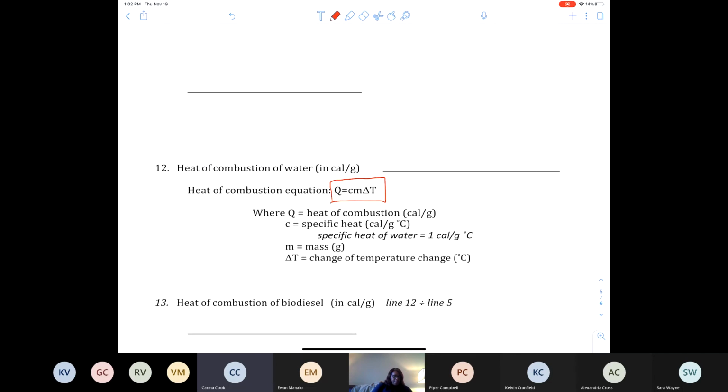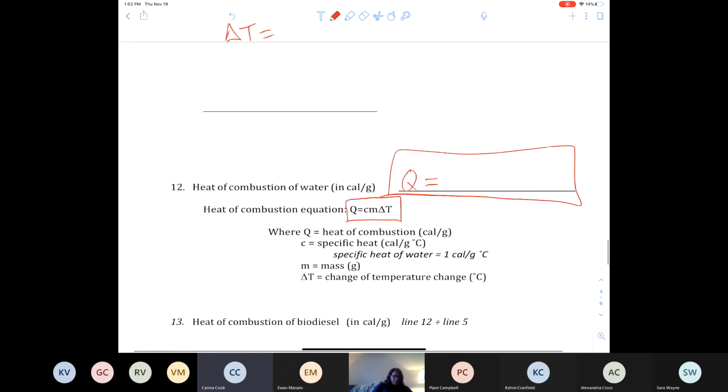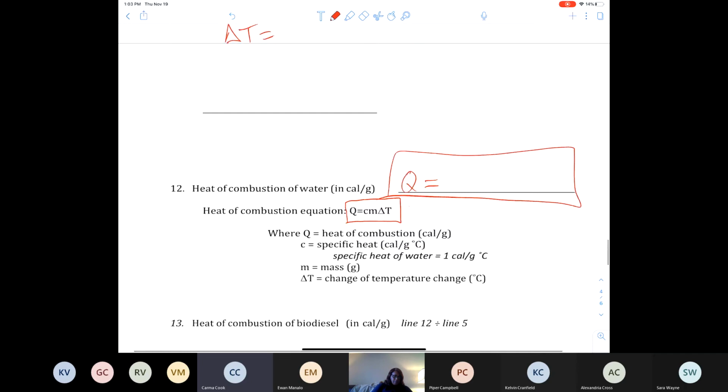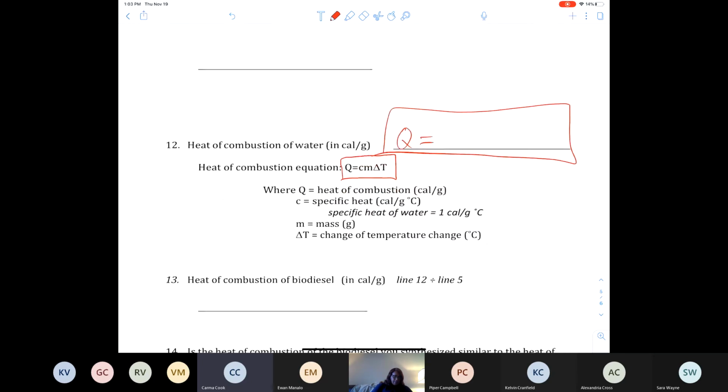Once you calculate your Q, you're going to use that Q, and that's going to give you joules.